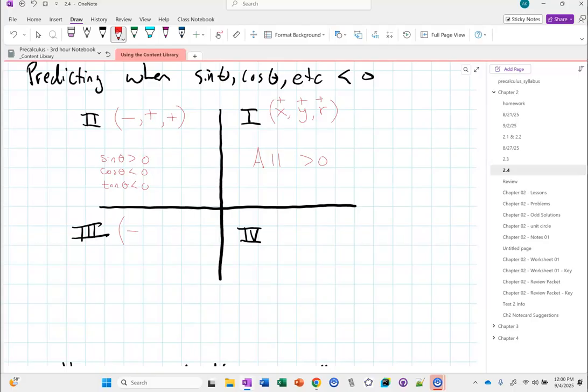In quadrant 3, x is negative, y is negative, but that r is always positive. So any of my trig functions that have just one x or just one y will be negative. But if they have both, negative over negative makes a positive, right? So sine is negative. Cosine is negative, but tangent, y over x, that'll be positive.